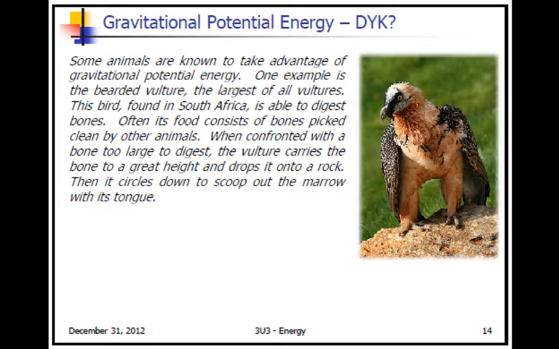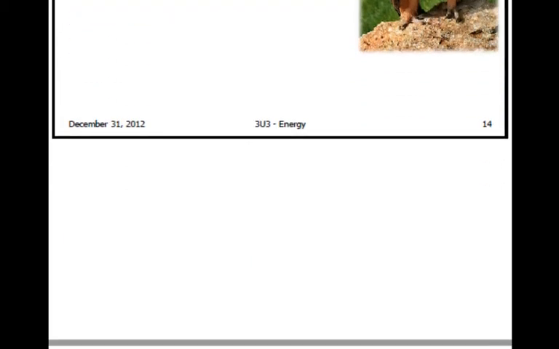And depending on how much gravitational potential energy the bones gain as they are raised, they could potentially break on the rocks. Once the bones break, then they can start to eat the bone marrow that's inside of those bones. So that is how a vulture uses gravitational potential energy.